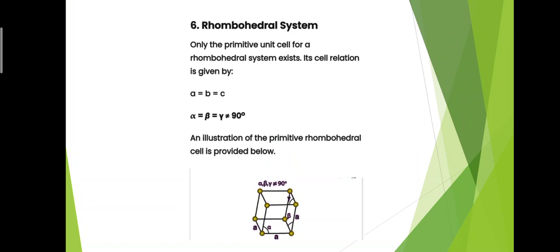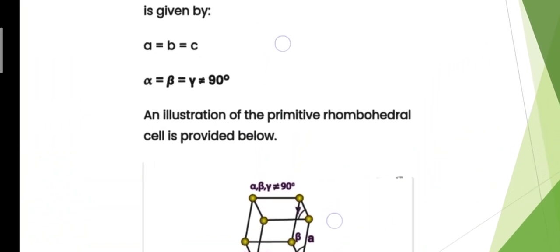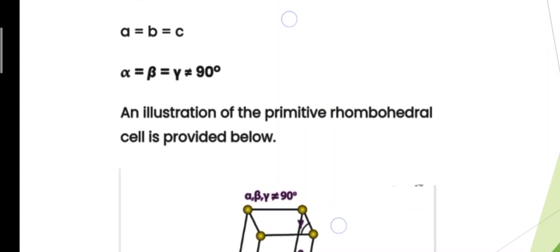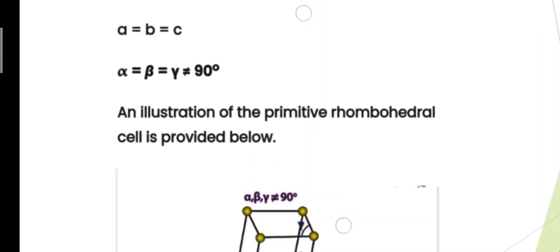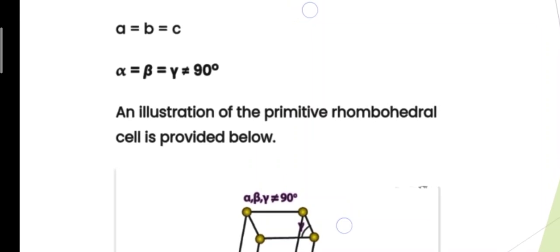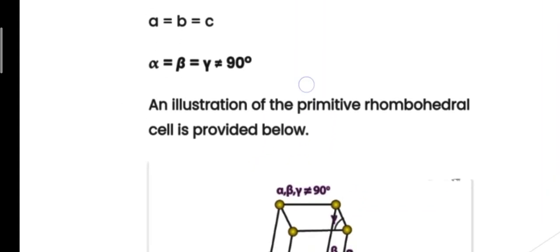Rhombohedral system. Only the primitive unit cell for a rhombohedral system exists. Its cell relation is given by A is equal to B is equal to C, and alpha is equal to beta is equal to gamma is not equal to 90 degree. An illustration of the primitive rhombohedral cell.